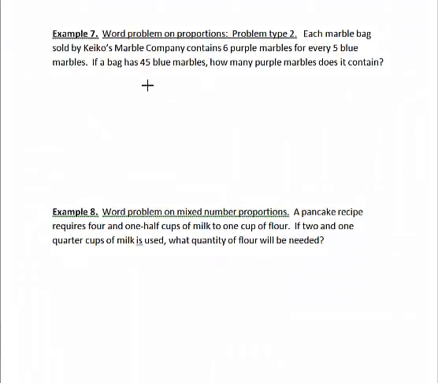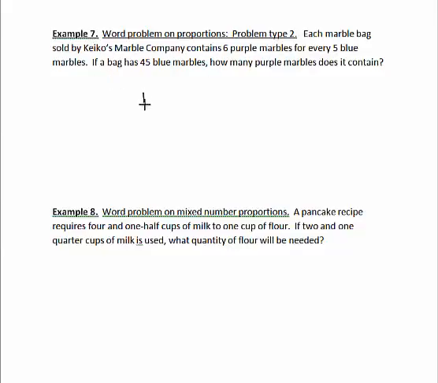Alright, example 7. Each marble bag sold by Keiko's Marble Company contains 6 purple marbles for every 5 blue marbles. If a bag has 45 blue marbles, how many purple marbles does it contain? Okay, so we have purple and blue. We start out with a given ratio of 6 to 5.